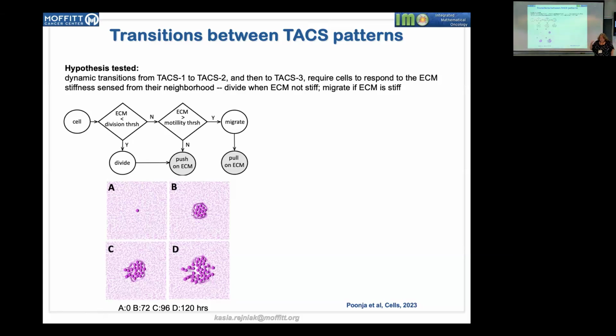The first one, the division threshold: it's known in biology that a tumor could be encapsulated, and then the cells could stop dividing. And I show you an image from Valerie Weaver's lab where, when the stiffness was high, the cells, instead of growing, started migrating. So we have some backup in biology for that.